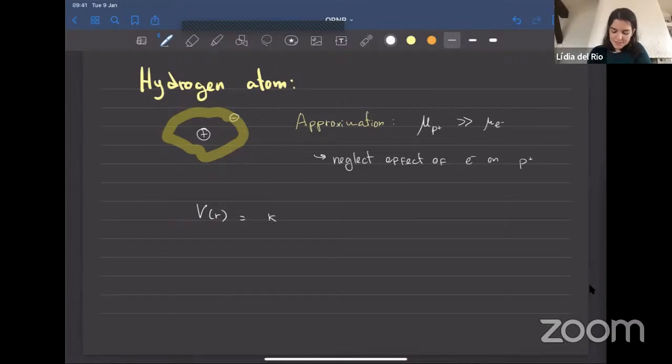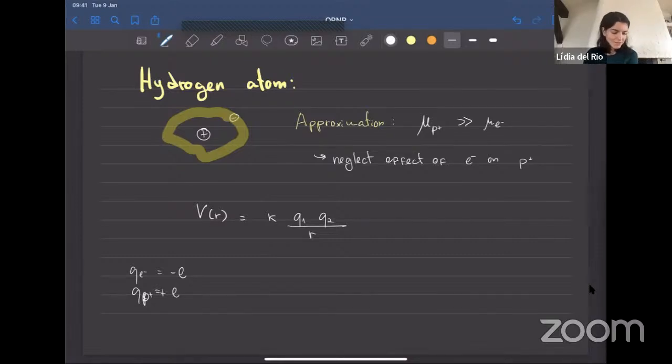So what is this given by? In the electrical case, this is a constant, and then it's given by the charge of the first particle, the charge of the second one, divided by the distance between them. And the charge of the electron is minus 1 electron charge, and of the proton is going to be plus this.